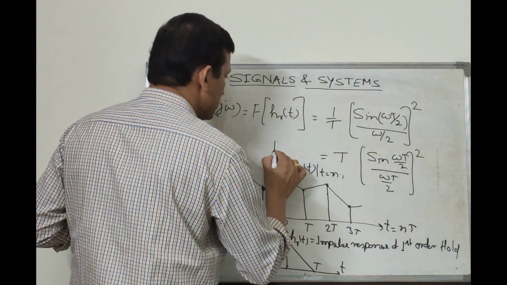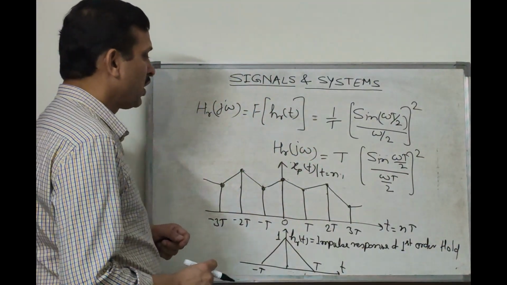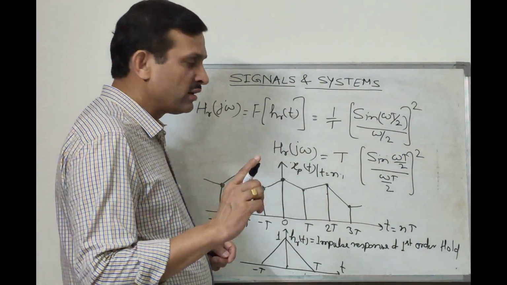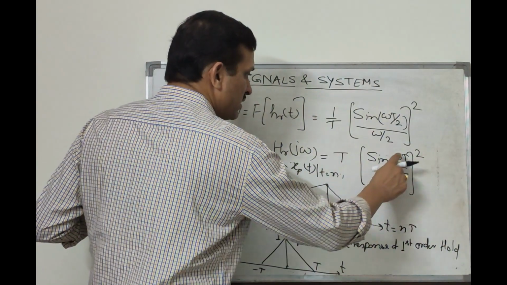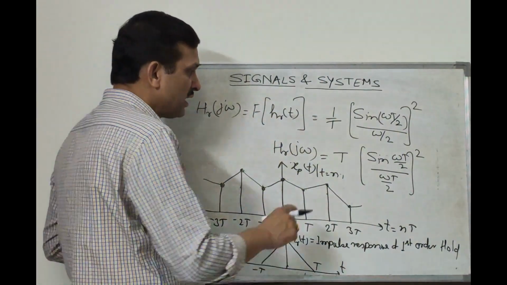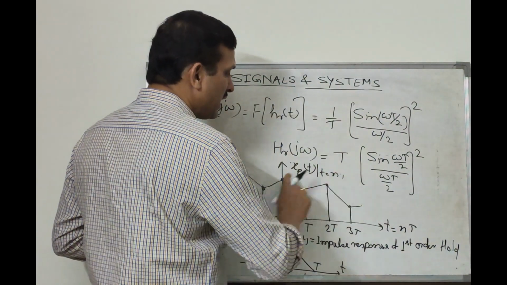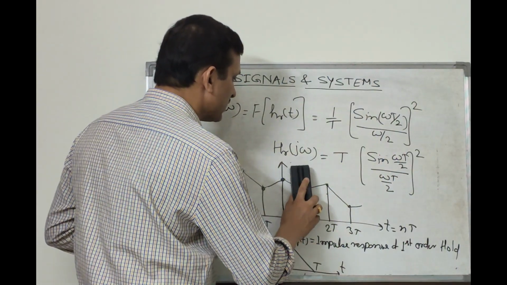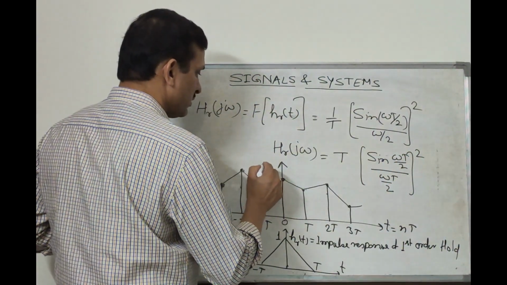That means we can note this difference. We have seen that the frequency response of the zero order hold filter was only a sinc function, but here it is the sinc function squared. That means the frequency response of the first order hold, or linear interpolation filter, is giving a better, smoother result, because the response is squared here.